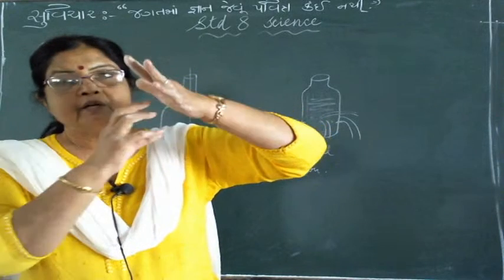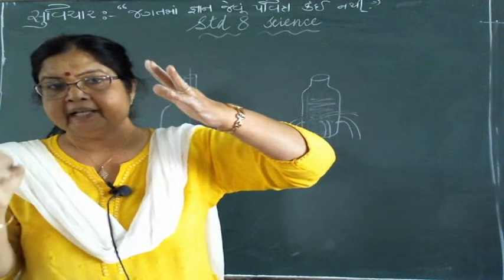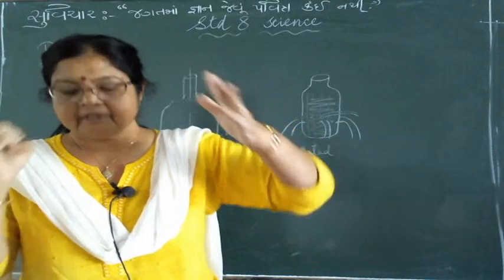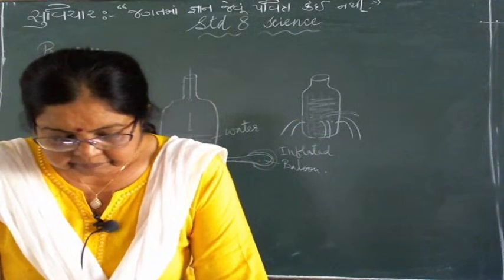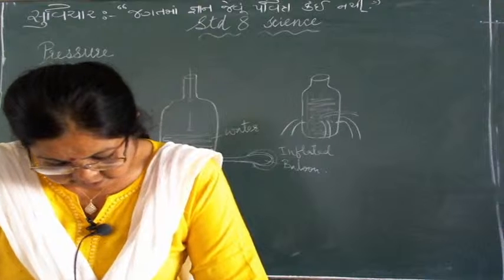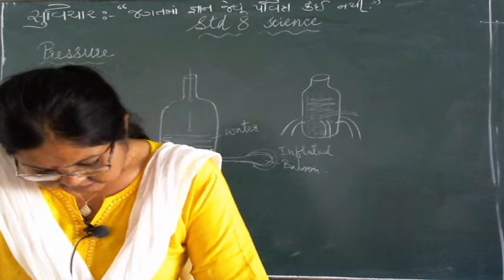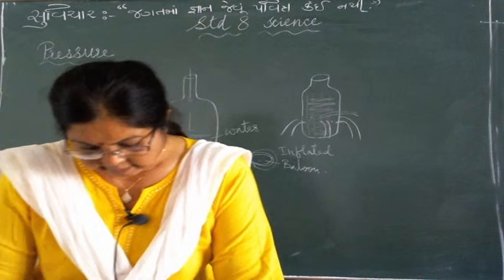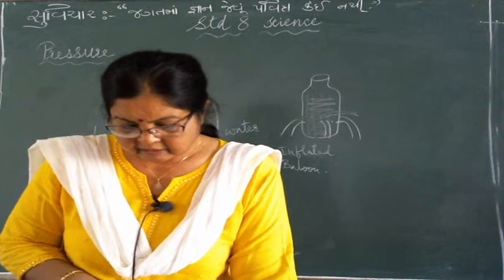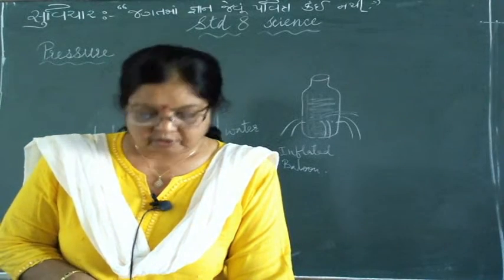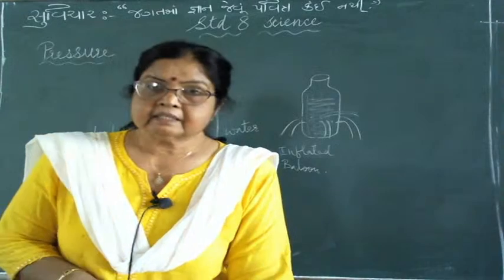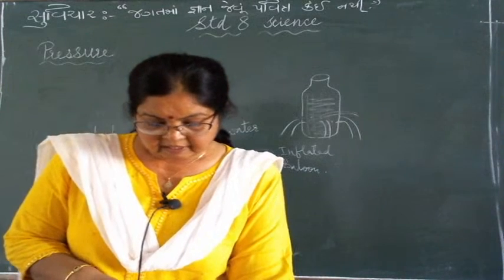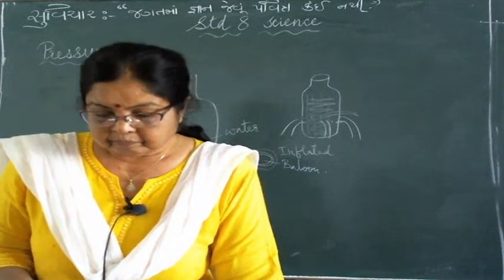Why? Because you have taken all the air from the cover. When you press the sucker, the air between the cup and the surface escapes out and the sucker sticks on the surface.